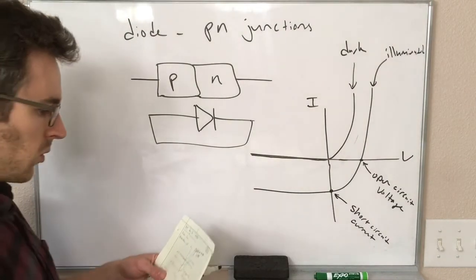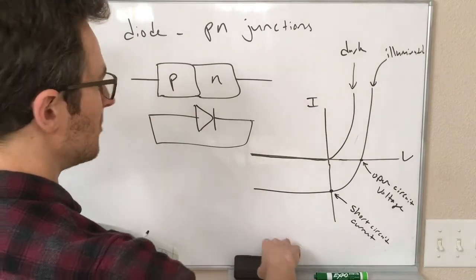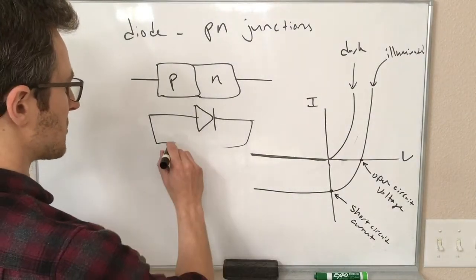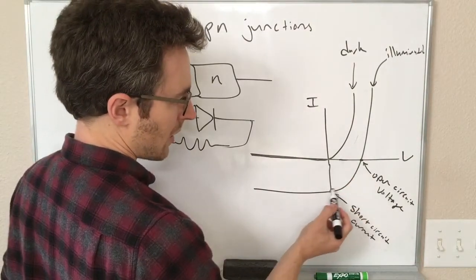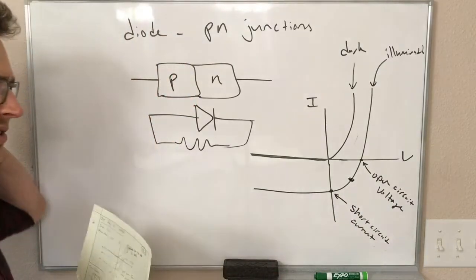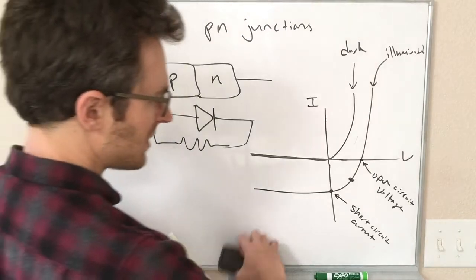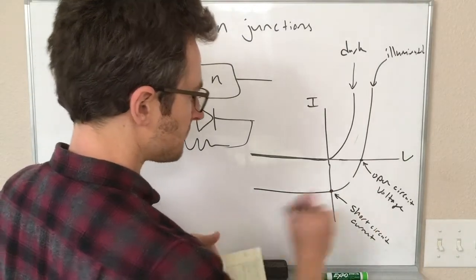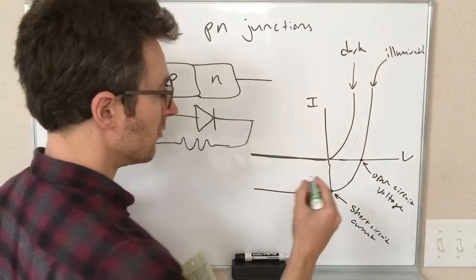And when we put a load in between these, that is, we have some resistor between the two ends, that's going to put us somewhere else on this curve where we have a positive voltage and a negative current. That means we are actually getting a net power out of our diode.